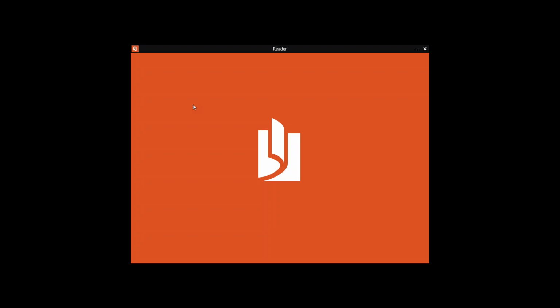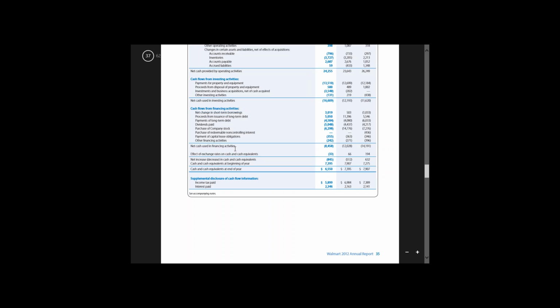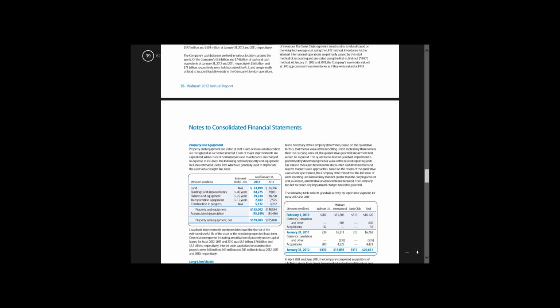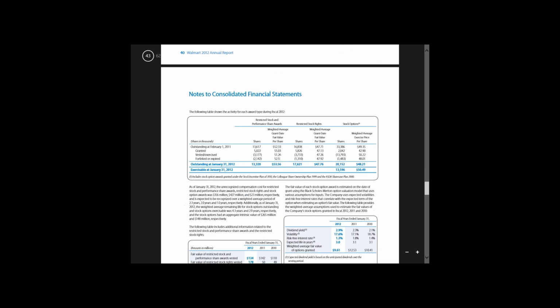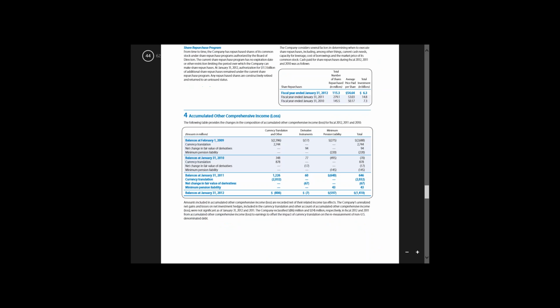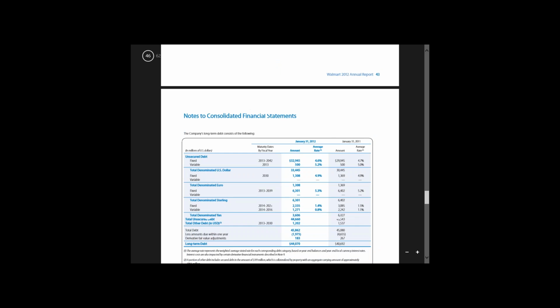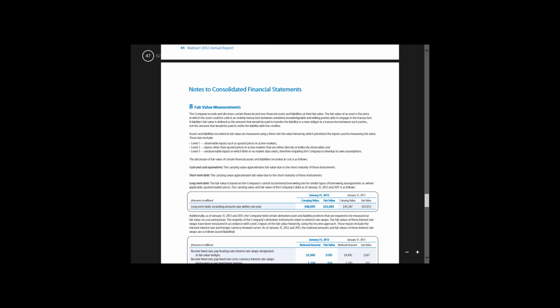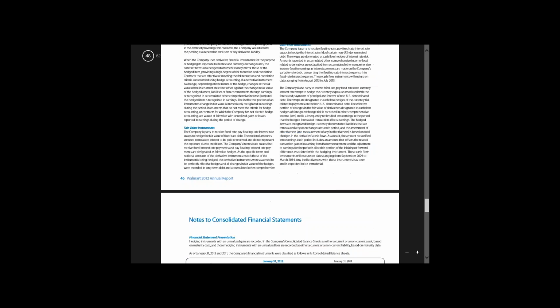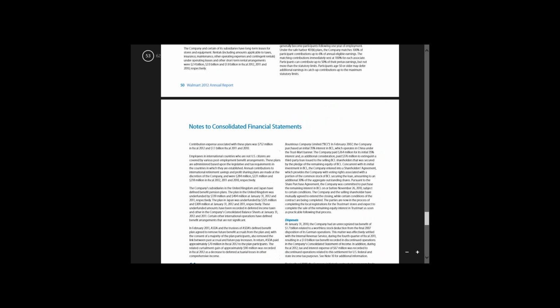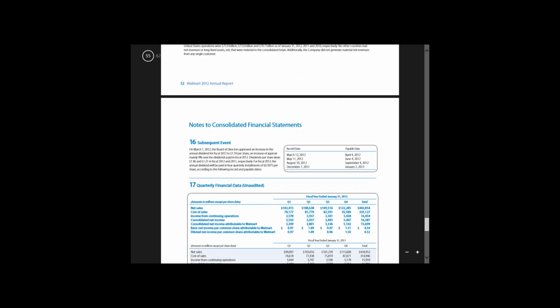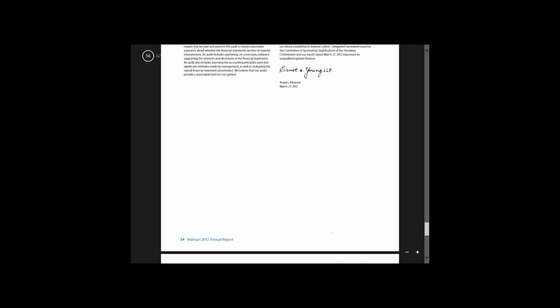There it is. There is a table that talks about the interest. Should be coming up. Here are the pay downs. Not quite yet.